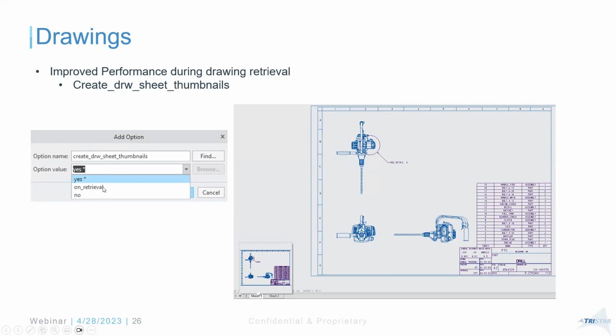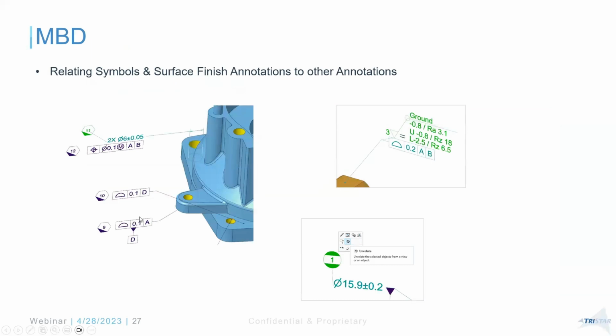Before it was on retrieval, which means now it's only going to retrieve on demand, unlike before where the thumbnails for the sheets were being created, which was one of the reasons it was slow. It's set to yes by default, so hopefully you should see some improvements there.